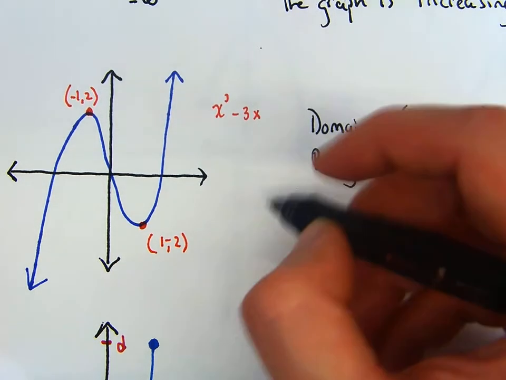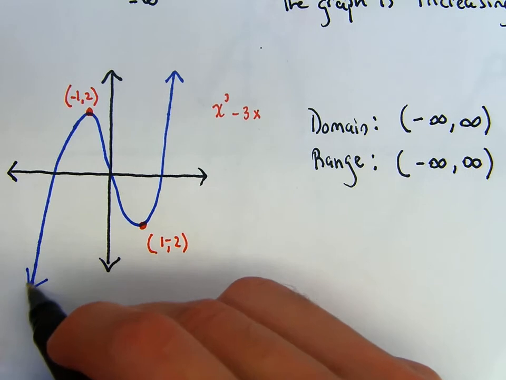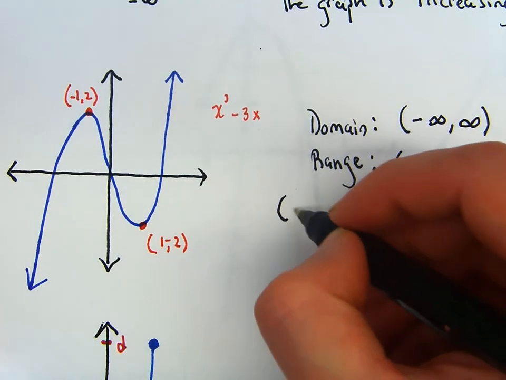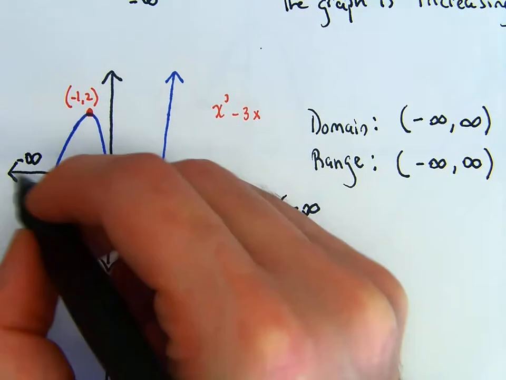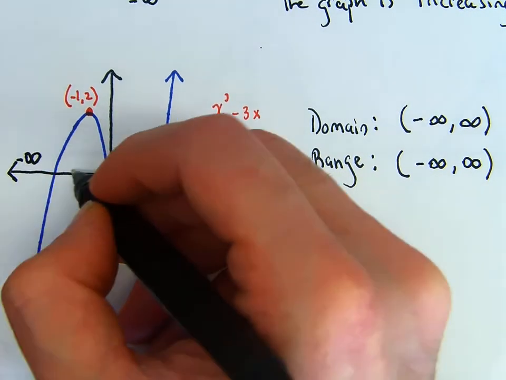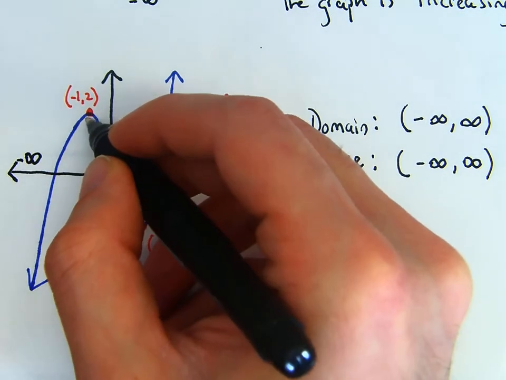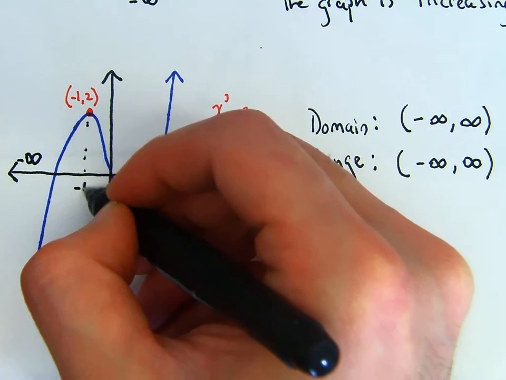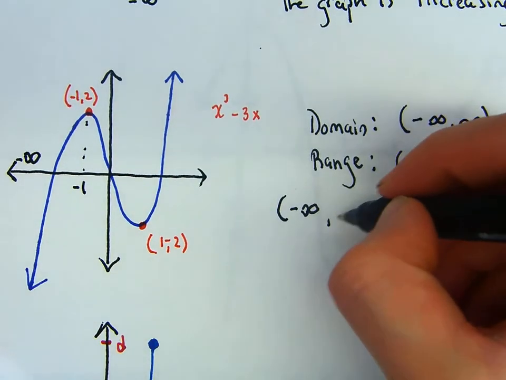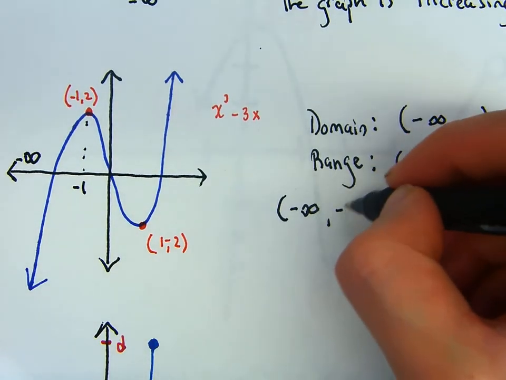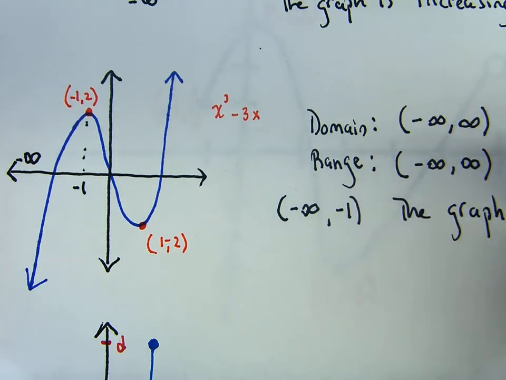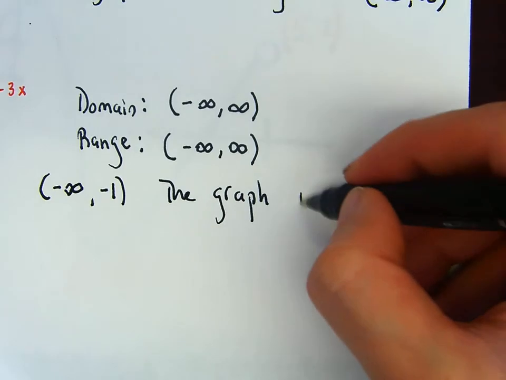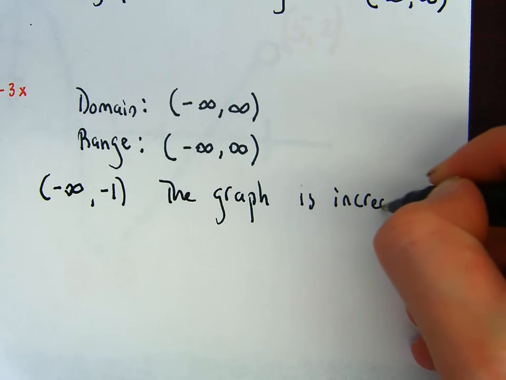And what can we say about starting from negative infinity, right? So from negative infinity of my x value, from negative infinity to negative 1, because this x value over here is negative 1, you could say from negative infinity to negative 1, the graph is increasing. Right?